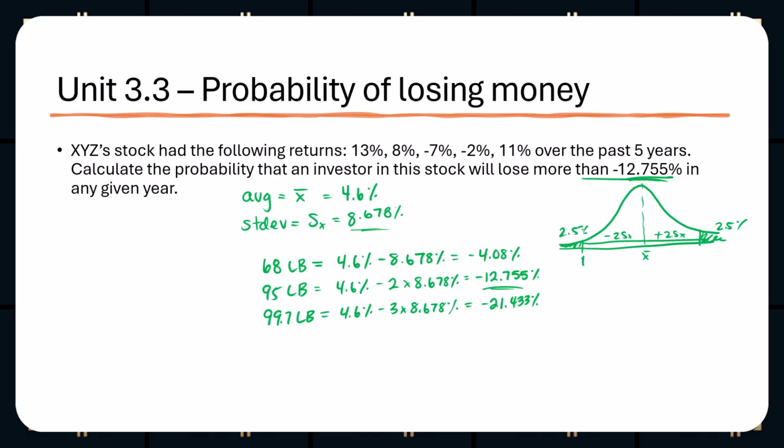And since this number right here is that negative 12.755%, the answer to this question is a 2.5% probability that the investor is going to lose more than 12.755% in a given year.